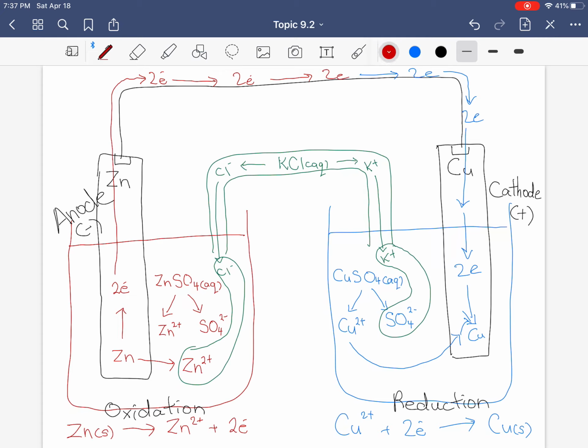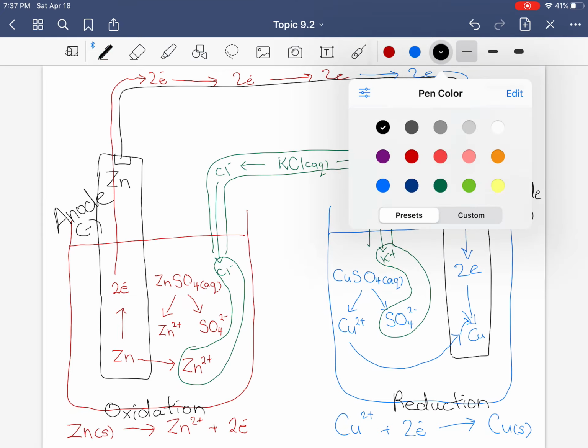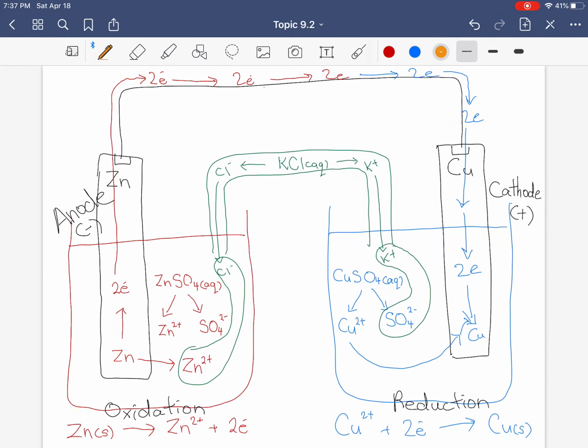You can insert one of these guys. Remember voltmeter? If you insert a voltmeter right there, you're actually measuring the amount of potential difference in the wire, right?